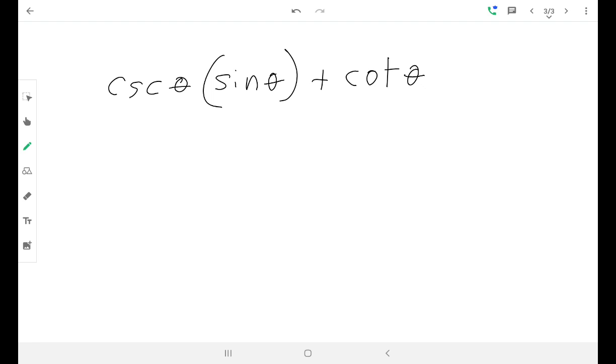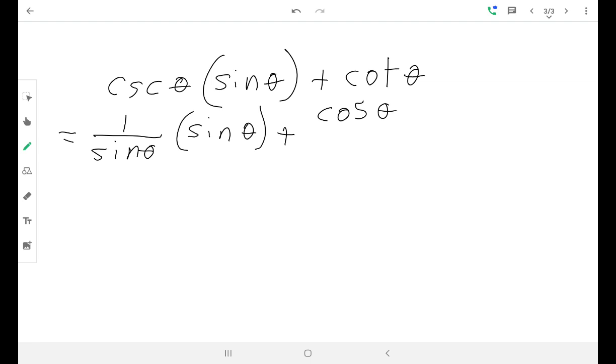What you're going to see is that if I start by saying, okay, I've got this cosecant theta here, and if I were to write that instead as 1 over sine theta and multiply it by the sine theta, and I still got this plus, and then if I were to write the cotangent theta as cosine theta over sine theta, then there are some things that happen rather nicely here that I can work with.